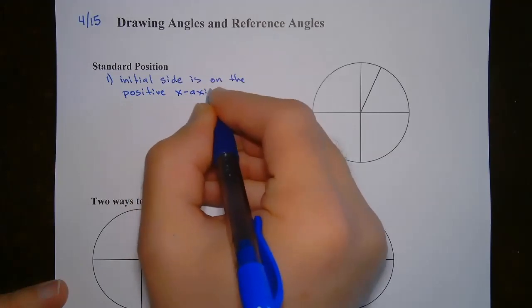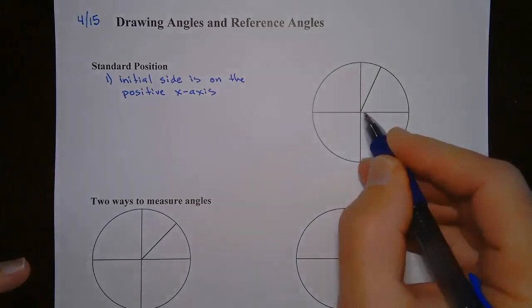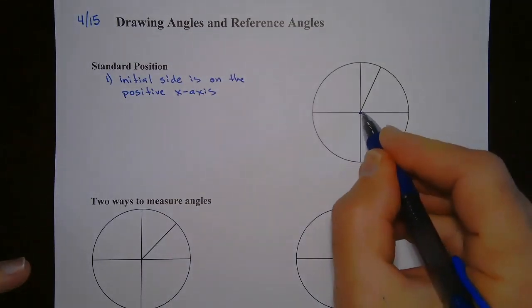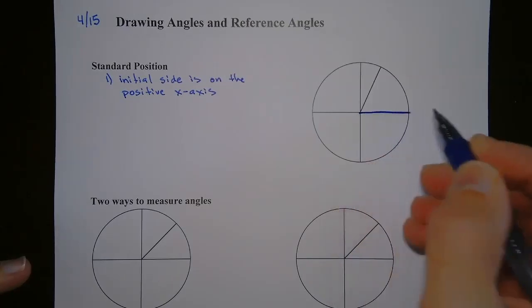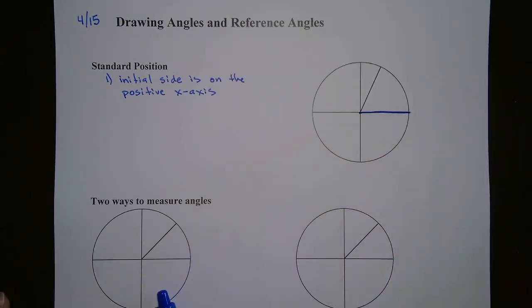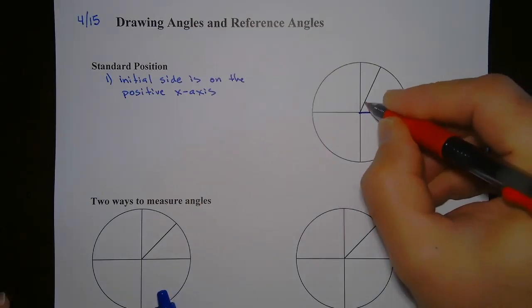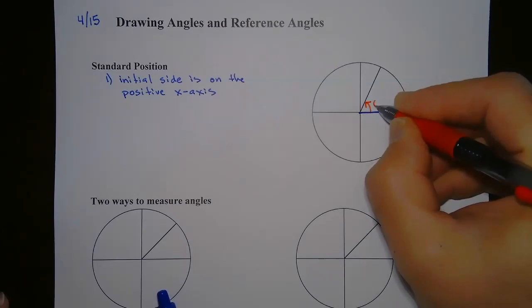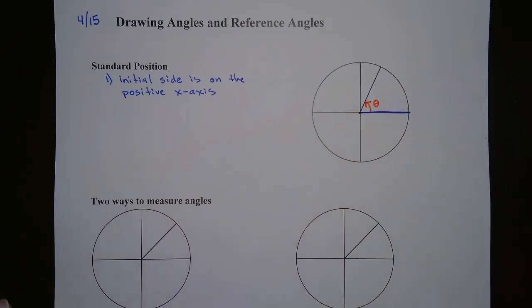You can think of this as kind of being like a clock. This side right here is our initial side. And then we're going to rotate around like a clock, and this is going to be our angle that we rotate, and we're going to label that theta.